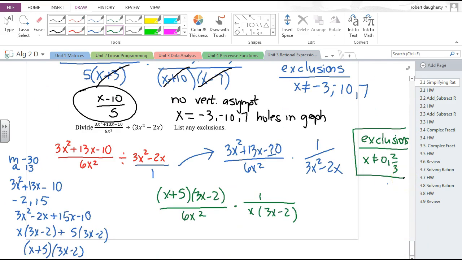Now, when I start to simplify, what is 3x minus 2 divided by 3x minus 2? That is 1. So this is x plus 5 over 6x to what power? Cube. Okay.